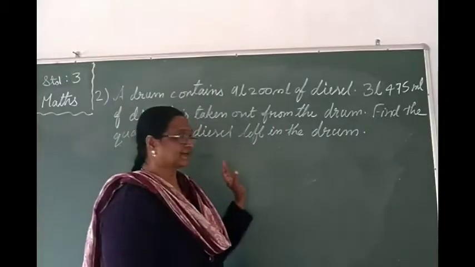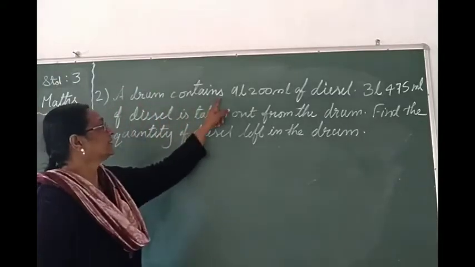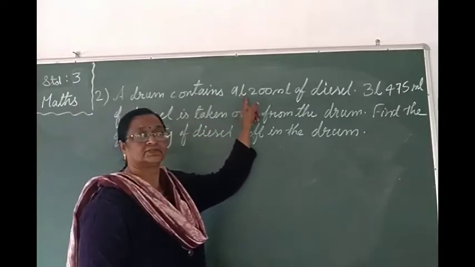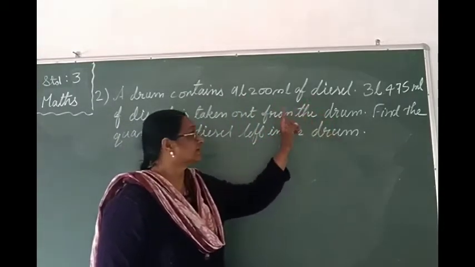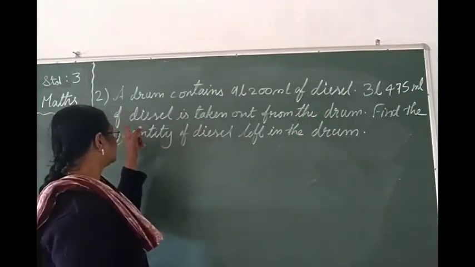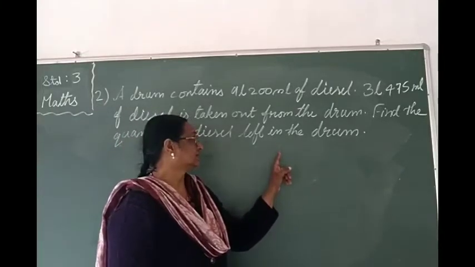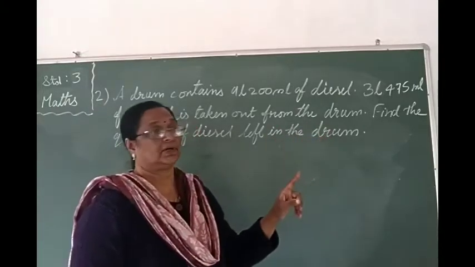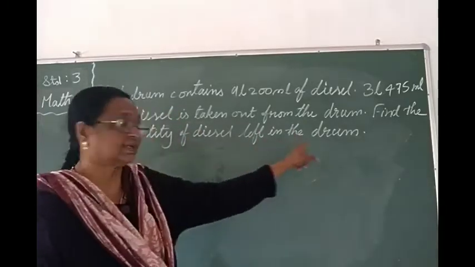Yes, children, your second question is on the blackboard. Just read. A drum contains 9 liters 200 milliliters of diesel. 3 liters 475 milliliters of diesel is taken out from the drum. Find the quantity of diesel left in the drum.